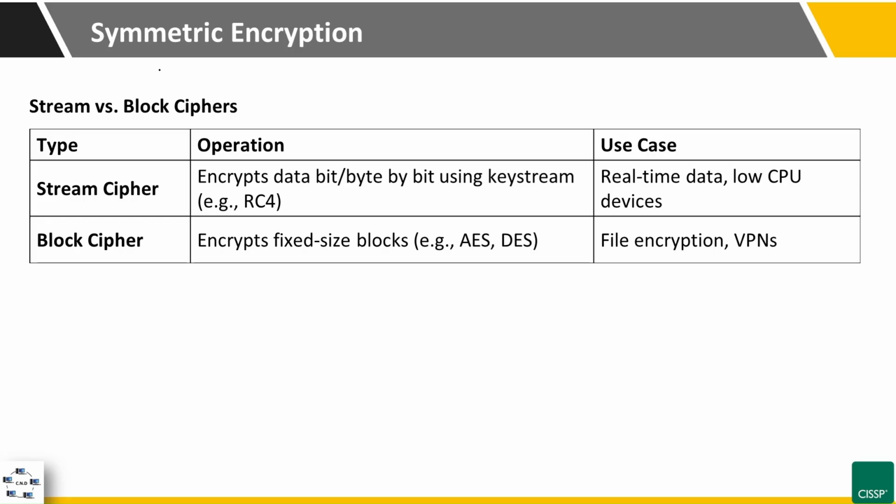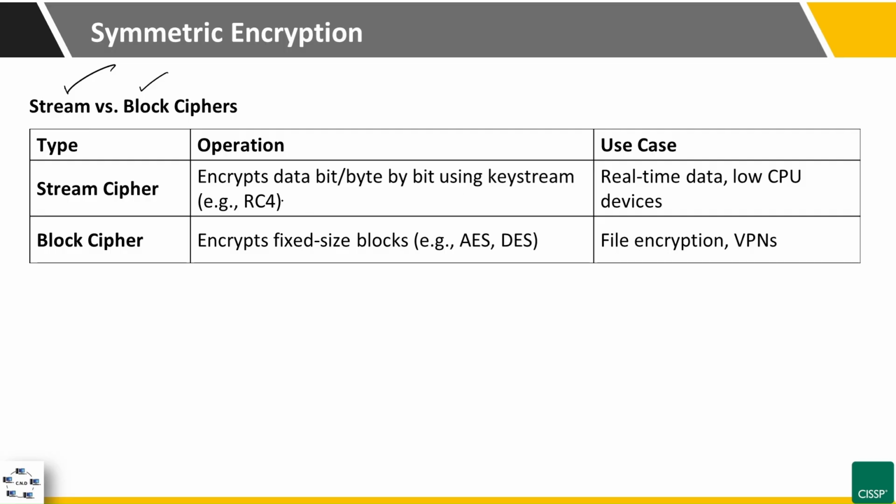Symmetric encryption may be a stream or block cipher. In a stream cipher, the symmetric key encrypts data bit by bit or byte by byte using a key stream.